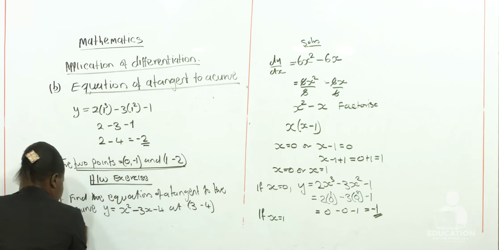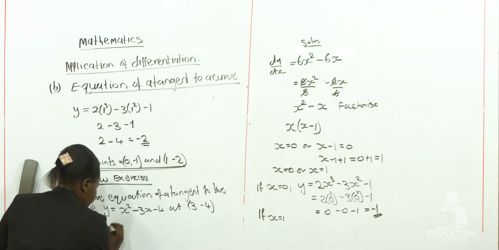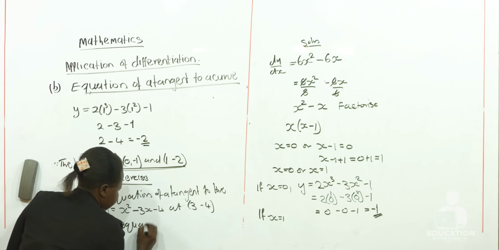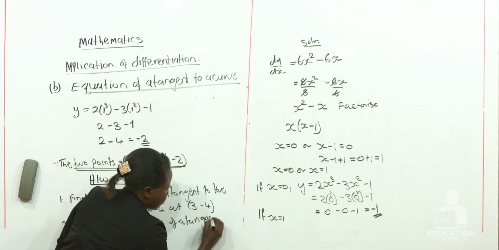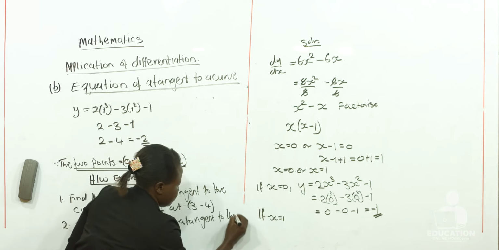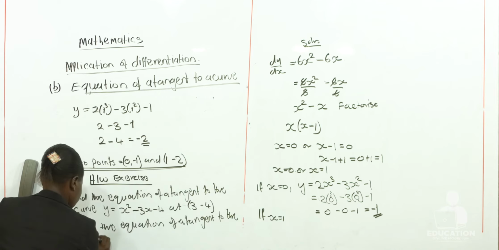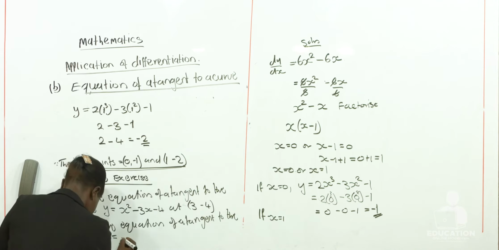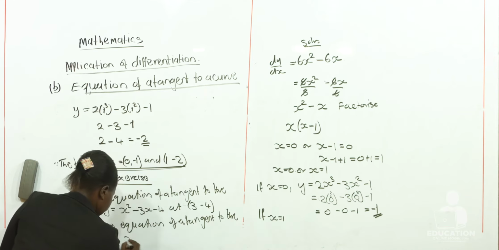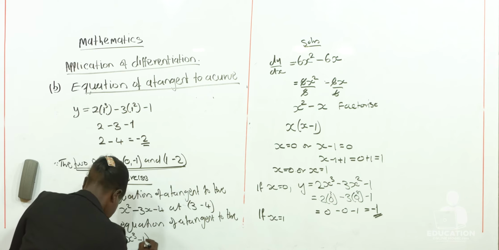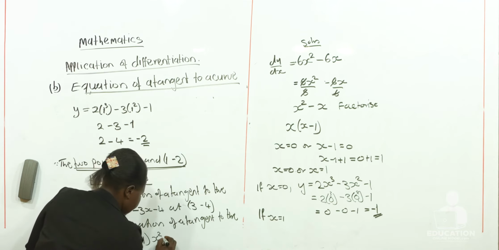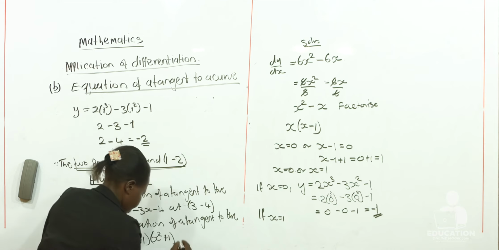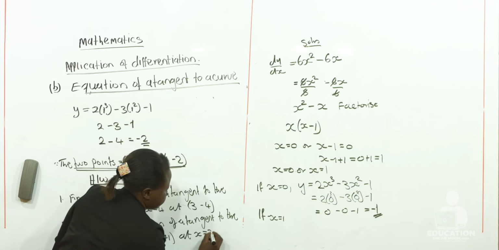And then 2, find the equation of a tangent to the curve y equals x cubed minus x squared plus 1 at x equals 3.